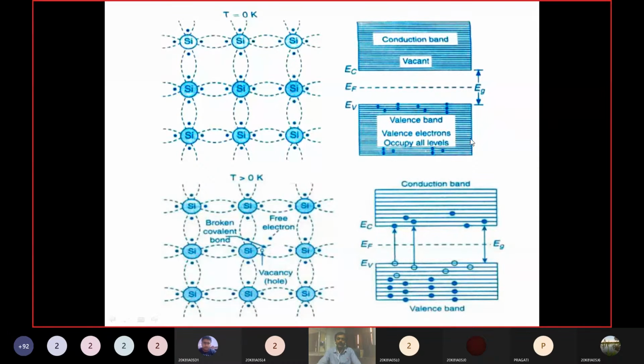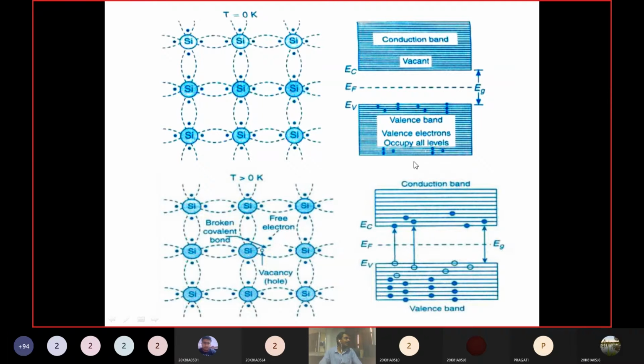Now coming to the conductors. The valence band and conduction band are overlapped with each other. There is no energy gap between them, so there is no need to give any energy.